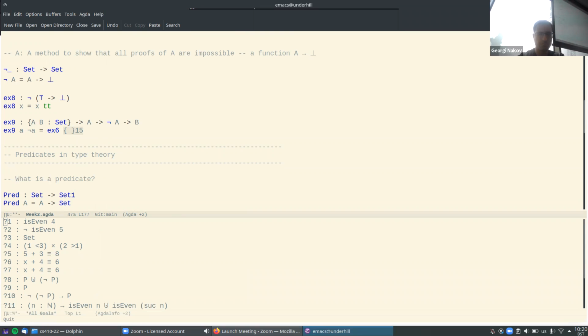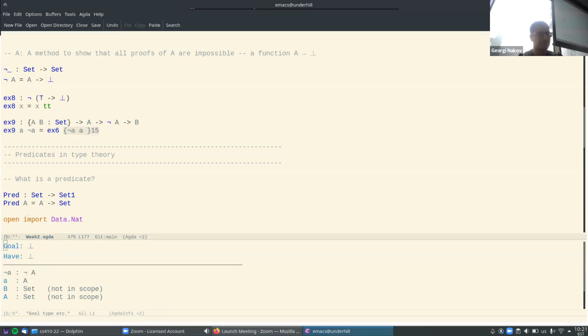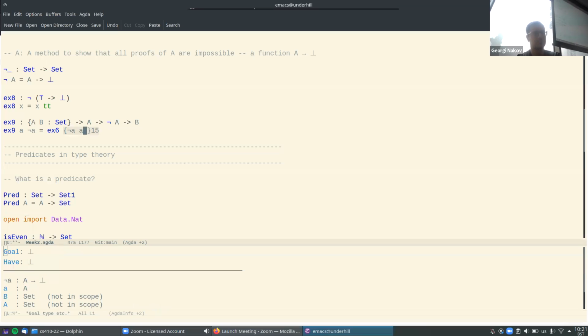Okay, and now, that's a kind of bold move. It's where you say, I'm not going to do what you want, I'm going to prove false instead. So our contradiction is exactly a function that proves false, and the input for that function. Excellent. Good to go.